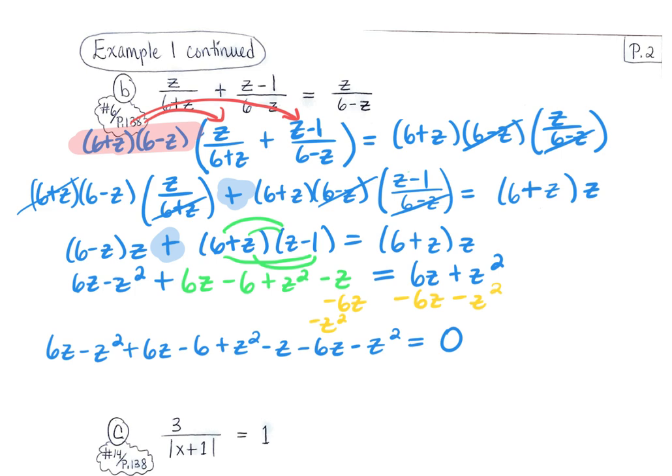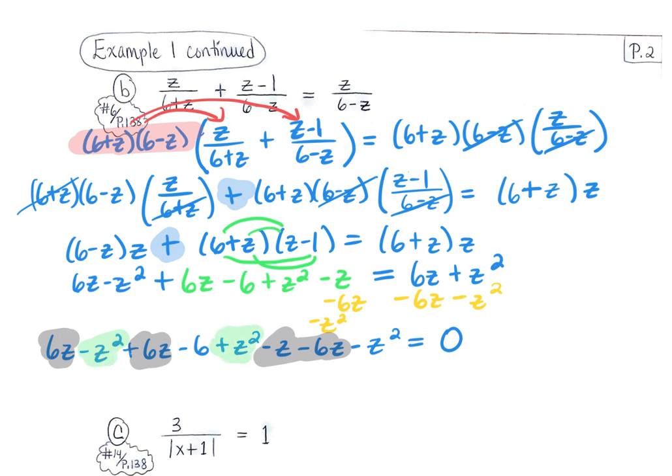You got 2 6z's, so you got a 6z, a 6z. What other things have z? A negative 6z, you said, and a negative z. And then your other like terms would be z squared.